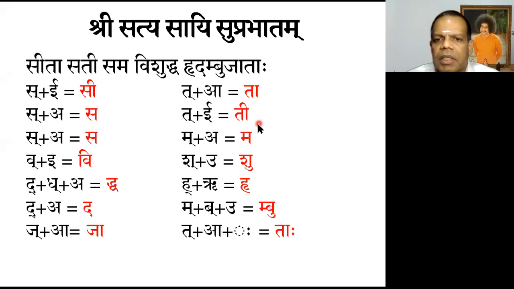The next letter is Ti, plus E, Ti, Sati. The next letter is Sa again, plus A, Sa. The next letter is Ma, plus A is Ma, Sama. The next letter is Va, plus the short Ikara, Vi.